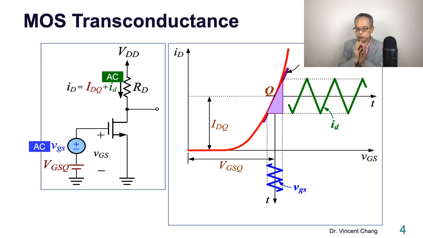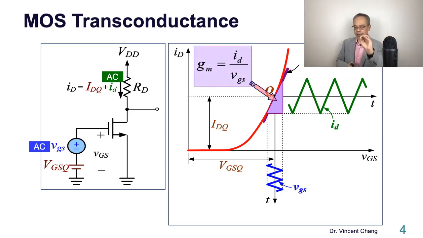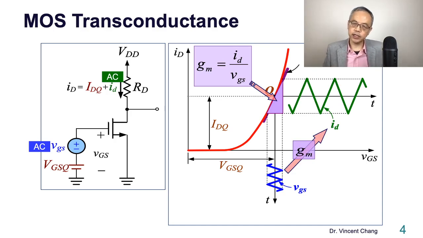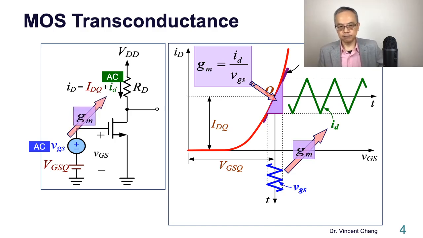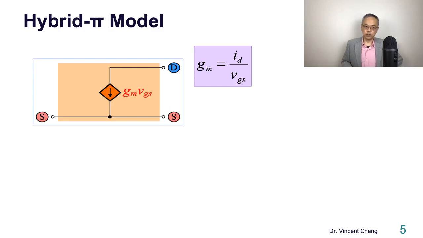So the purple triangle highlights the relationship among the output AC current, the AC input voltage, and the AC performance parameter, the transconductance. ID equals GM times VGS.